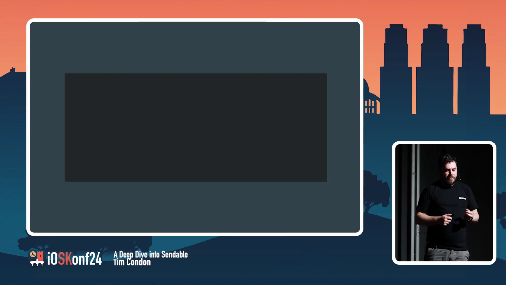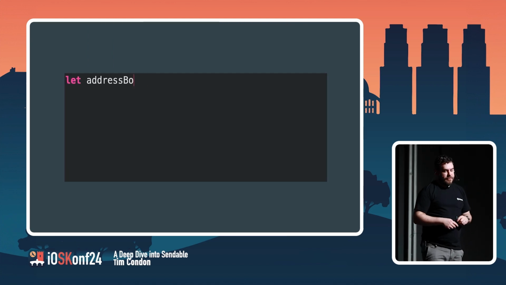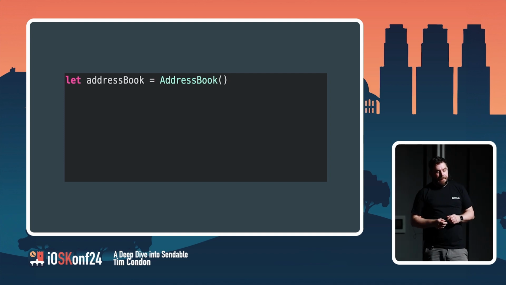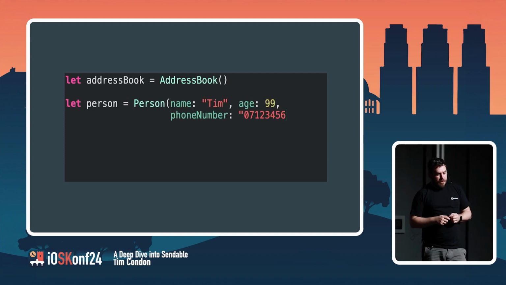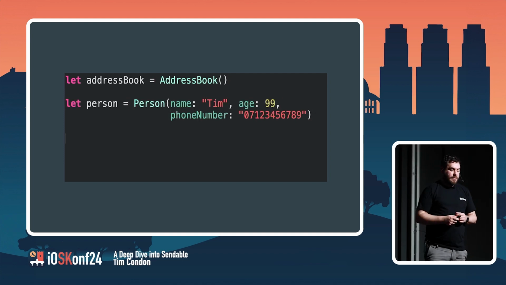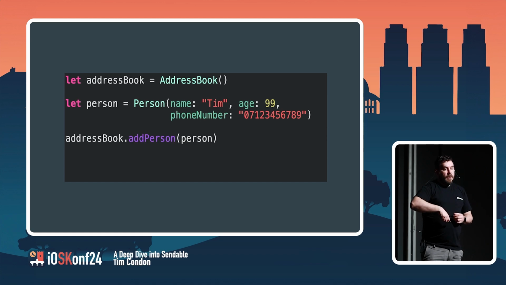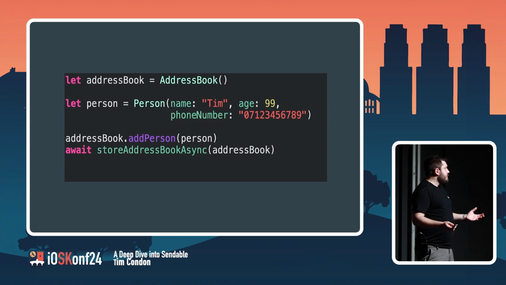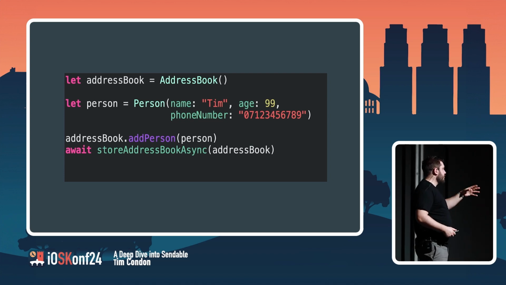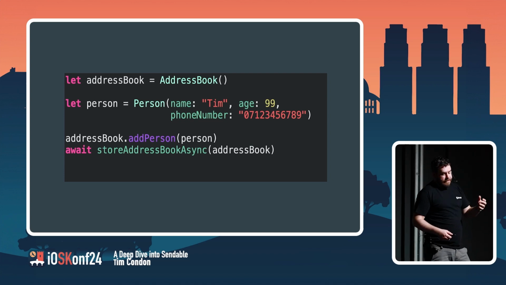So to demonstrate this error, let's say I create my address book. I'm then going to create a person, and then pass that person into the address book. I'm then going to pass the address book into some asynchronous function that's going to do some work later. And this is all fine. So in this instance, storeAddressBookAsync will take a Sendable type, AddressBook is Sendable, so this is all fine, and there's no problems.